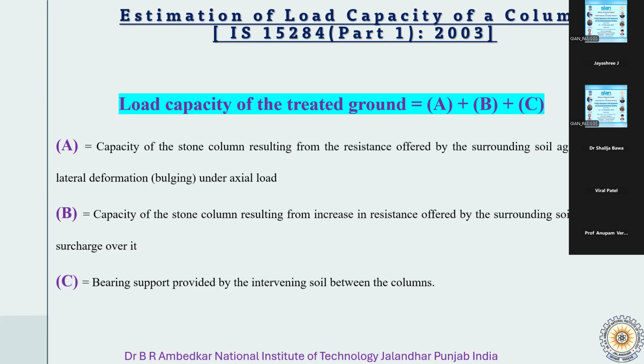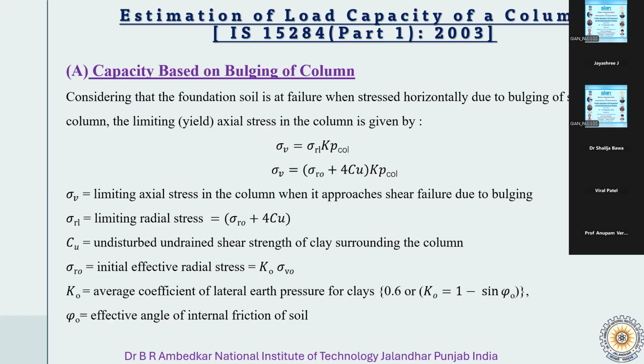First is the capacity of the stone column resulting from the resistance offered by the surrounding soil against its lateral deformation. Second is the capacity of the stone column resulting from increase in resistance offered by the surrounding soil due to surcharge over it. And third is the bearing support provided by the intervening soil between the columns.